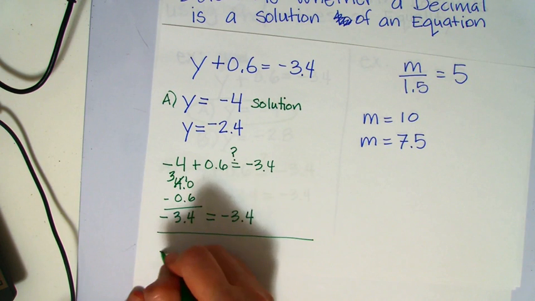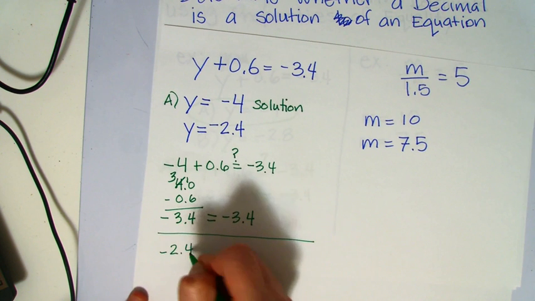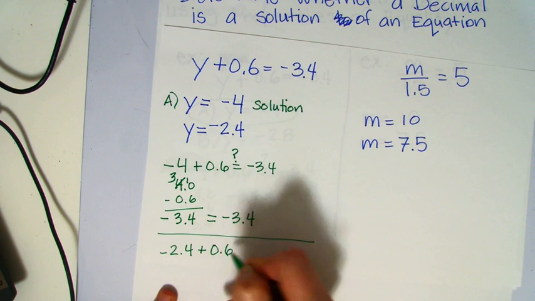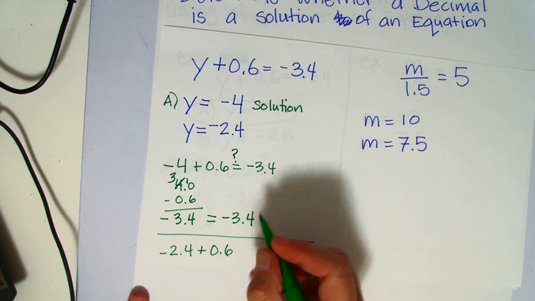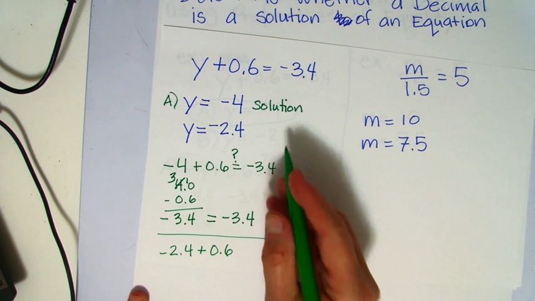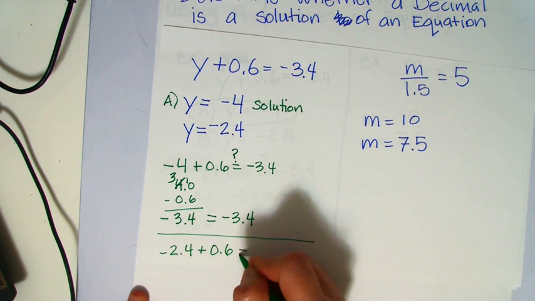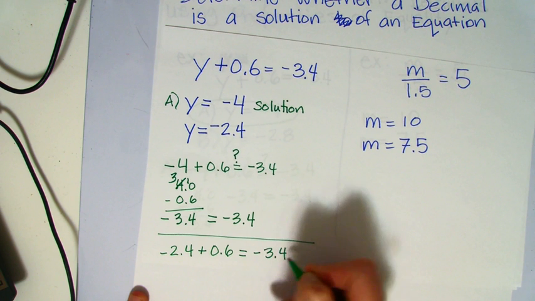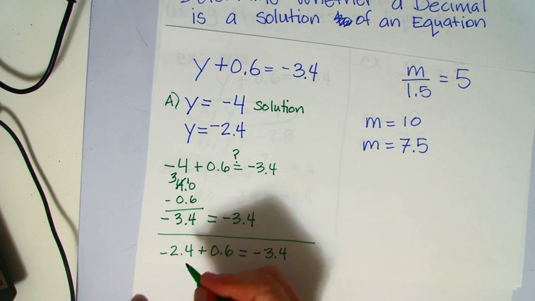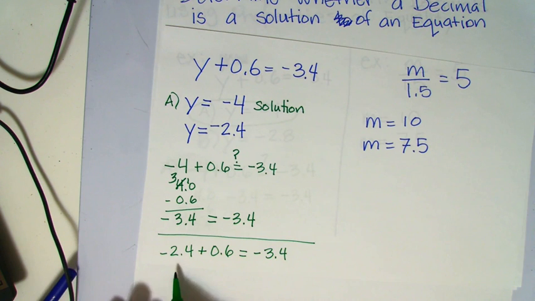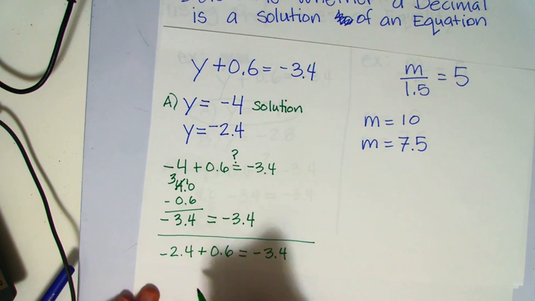If we plug in -2.4 plus 0.6, we probably won't get this to match because we've already found our solution. But we're going to go ahead and plug it in anyway and work it through. Again, we're going to be subtracting because we're adding a negative with a positive.